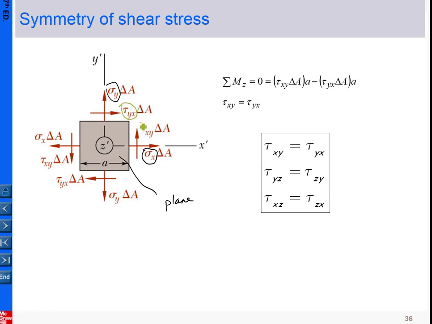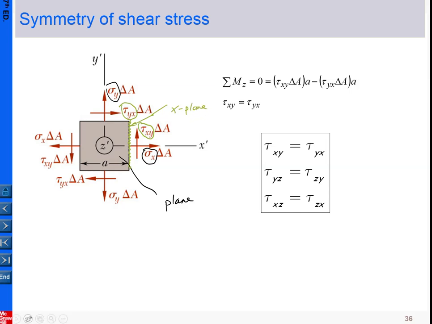We have a shear stress in the x plane in the y direction, and in the y plane in the x direction. This plane is normal to the x direction, so it is called the x plane.